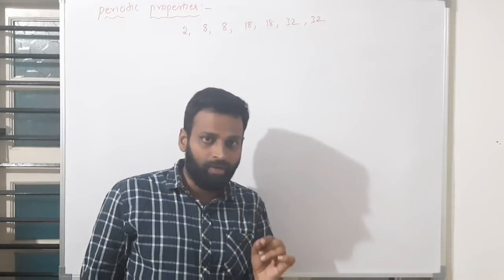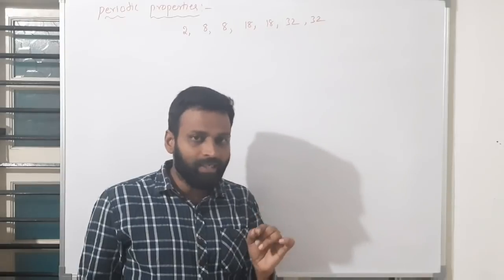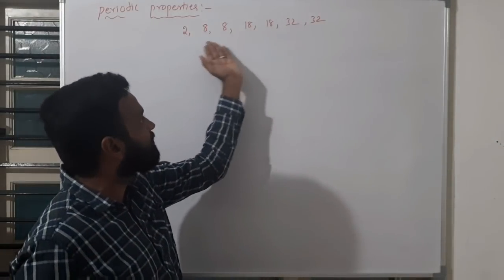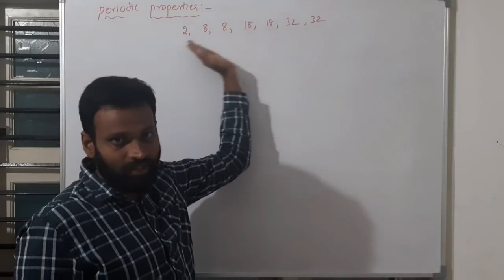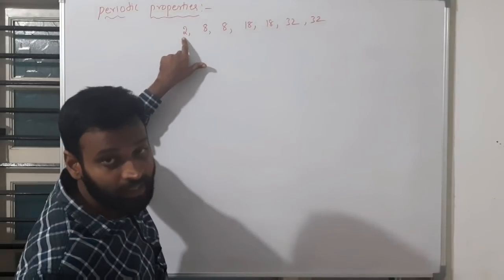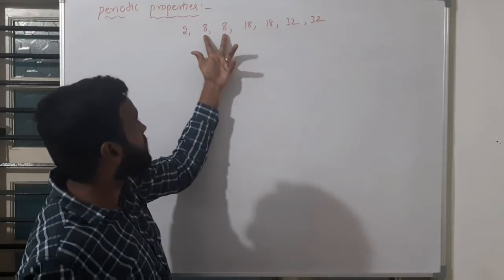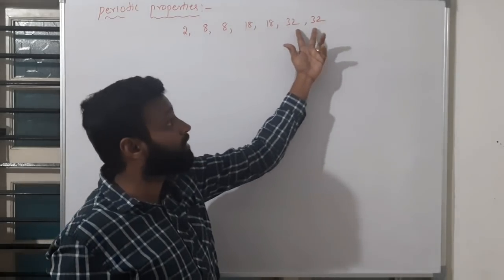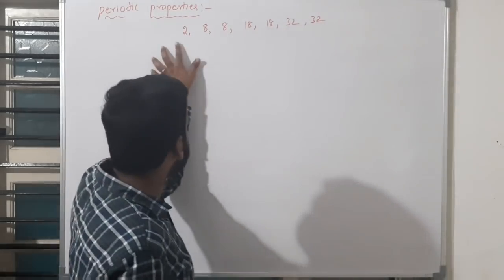In the periodic table, each period consists of this many elements in a regular manner. From top to bottom, the first period consists of 2 elements, the next two consist of 8 elements, the next two consist of 18 elements, and the next two consist of 32 elements, shortest to longest.